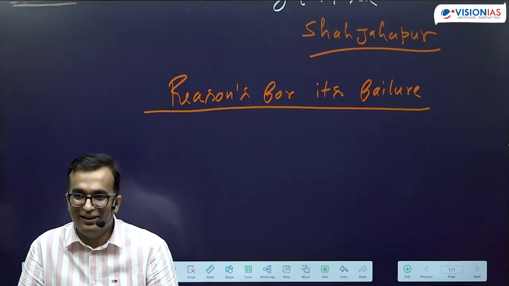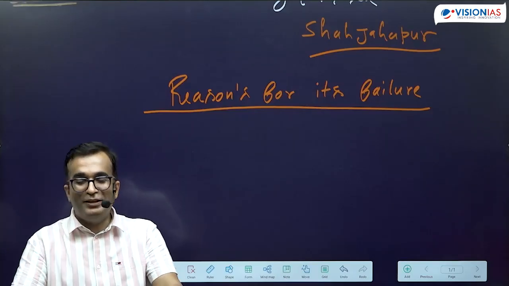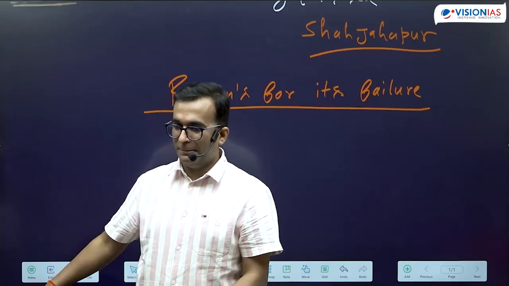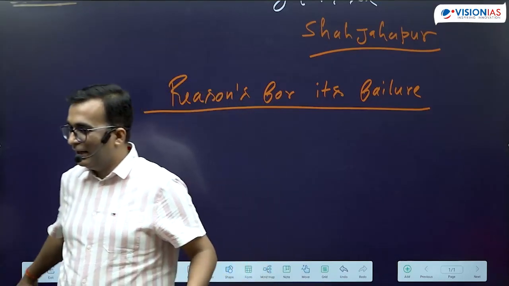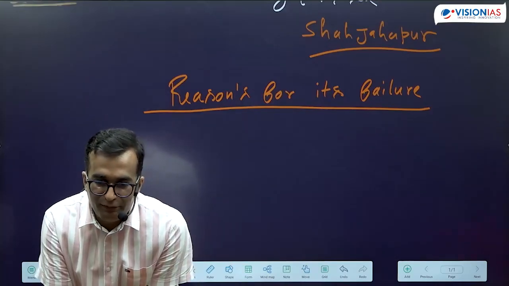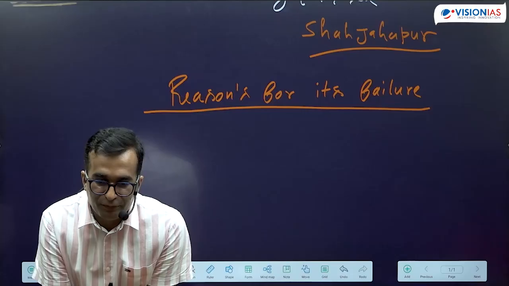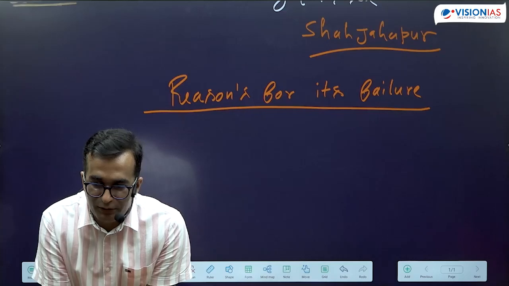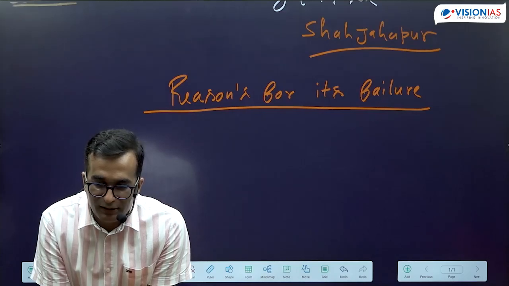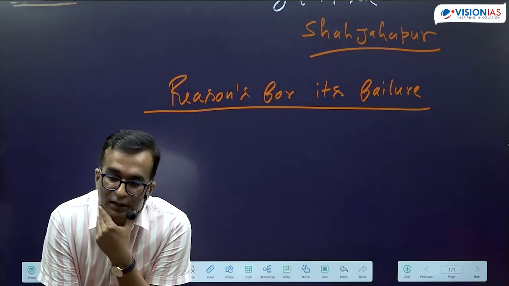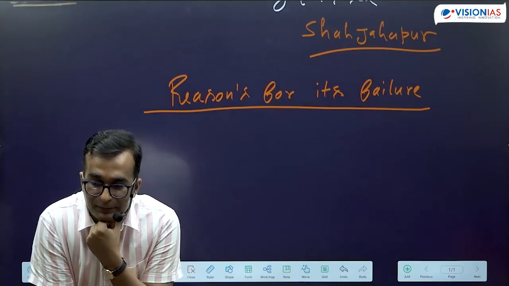So start writing. Mention the very first thing. Number 1: Revolt did not spread to southern India the way it was expected.